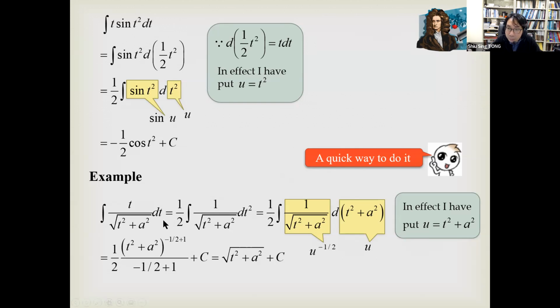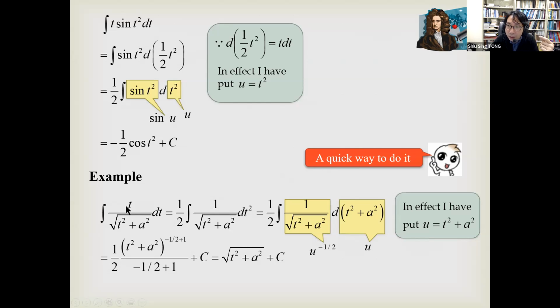Now, a simple way to think about this is, again, use this formula. I notice that t dt is d t squared over 2. So I change the integration variable to t squared instead of t.